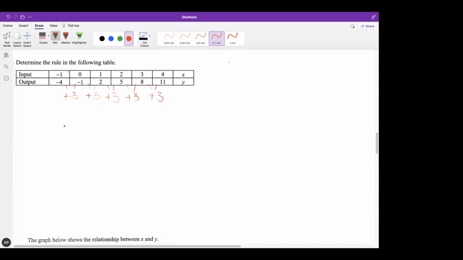And then 3 is our y-intercept. No, not quite. It is a constant difference. I agree with that. But what do we do with the constant difference? We make it what?